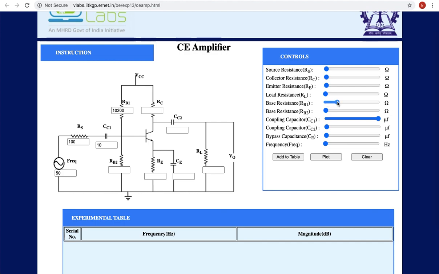RB1 is 33 kilo ohms, and RB2 is 8.2 kilo ohms.